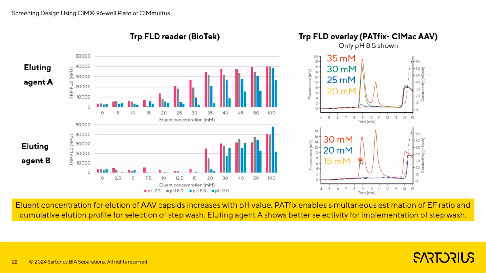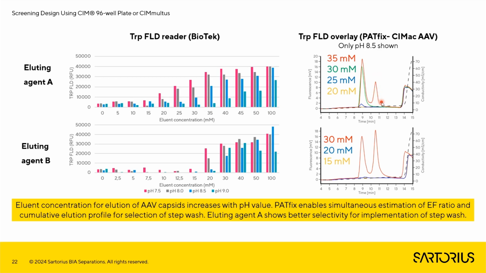The same could be said for eluting agent B, just in this case we have a more narrow window of opportunity. Between 20 and 30 millimolar, we have either just empty eluting and then also the entire full eluting. If you compare the two eluting agents, in the case of eluting agent B we have already eluted the entire fulls, where here they are still starting to elute.